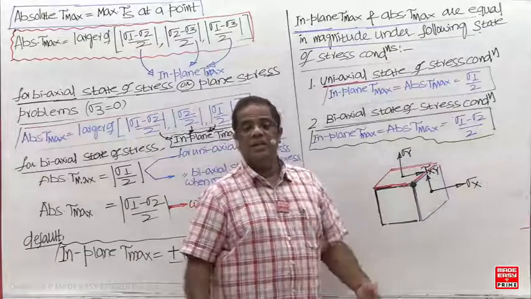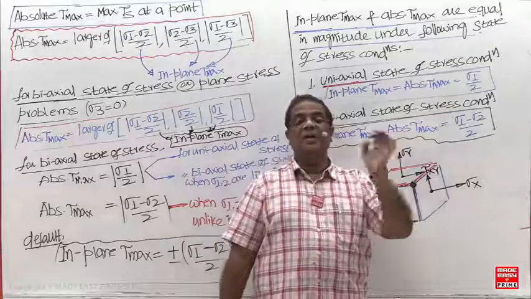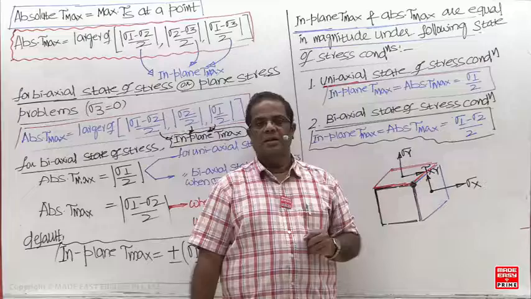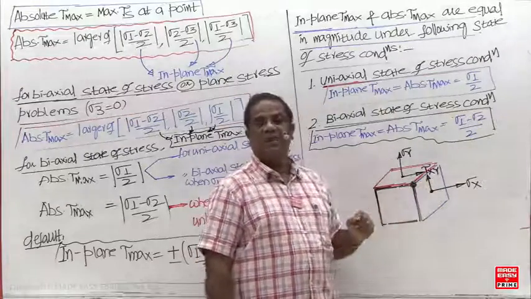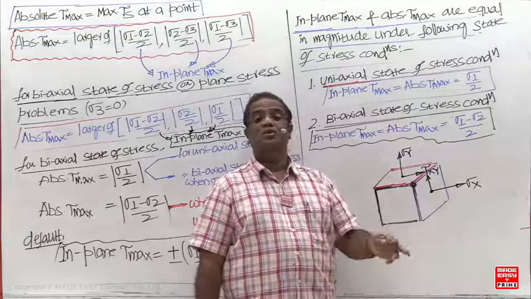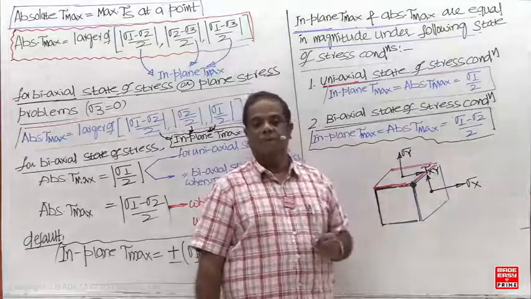Then you differentiate that equation and set it equal to 0. You get the value of theta, and that value you substitute in the tau equation. Then you get the in-plane tau max when the point belongs to x and y.